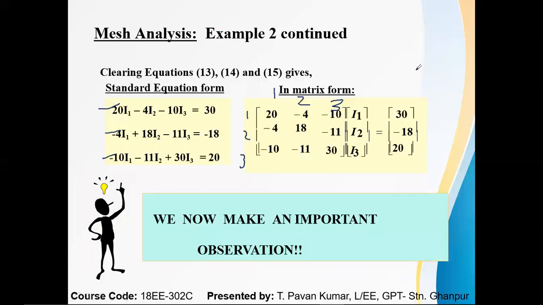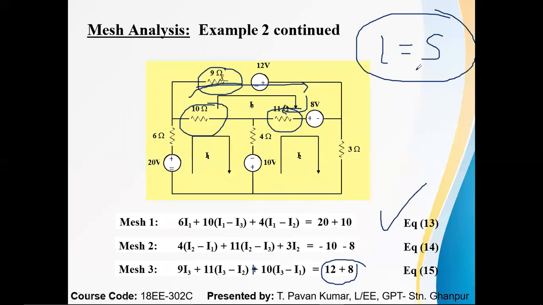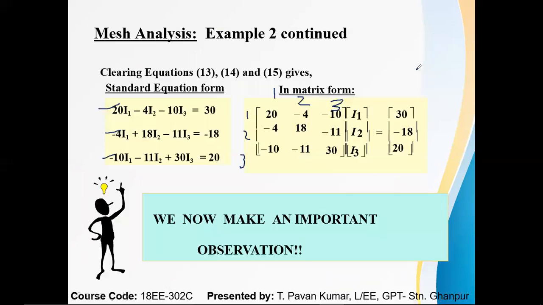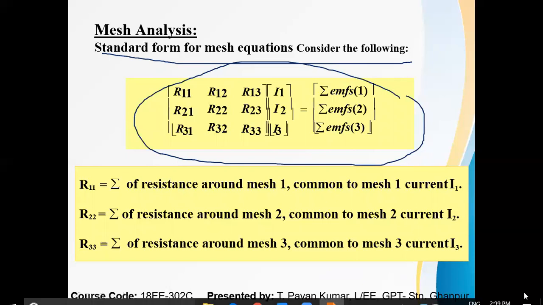So how does this standard form come to the picture? Here you need not write all the sign indications. You need not follow all the rules which you made on slide number 2 or 3. You can directly write the matrix form by observing the circuit. How can we write R11?